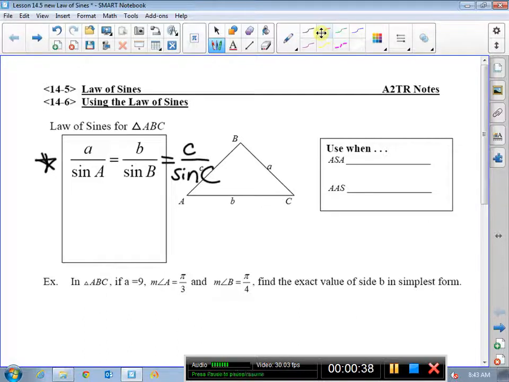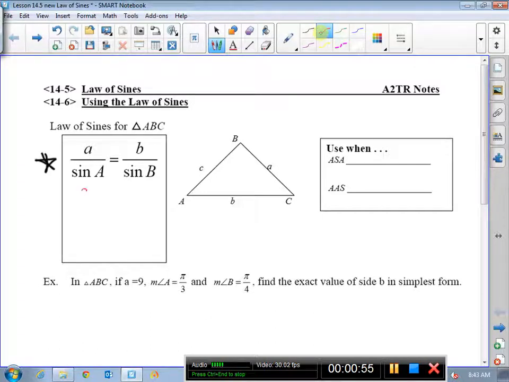So they're showing you that the side to the sine of the angle across from it is in proportion to any other side and the sine of the angle across from it. We don't usually have three though, so we show it to you with just the two.